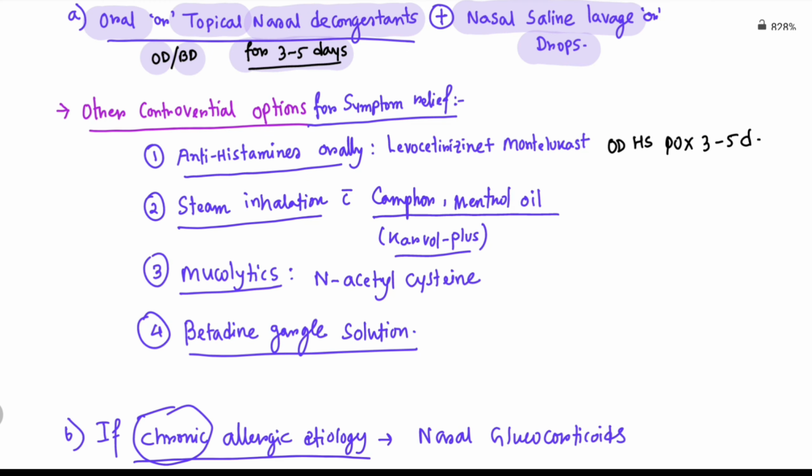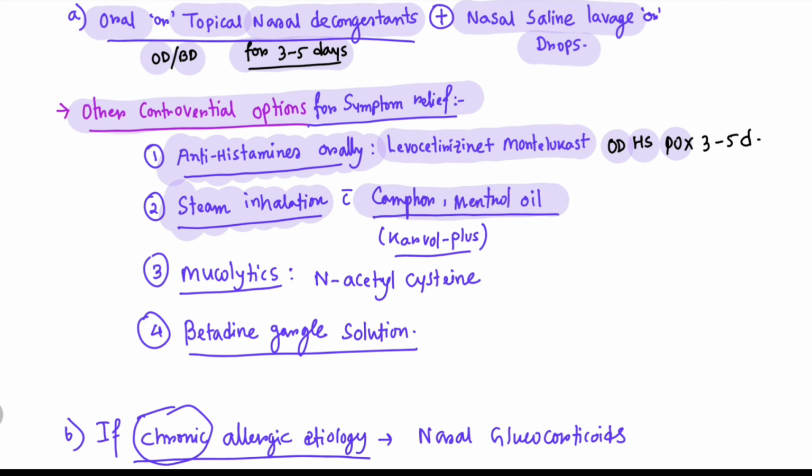Other options for symptomatic relief are antihistamines, which can be given orally in case of suspected acute allergic rhinitis, preferably levocetirizine with montelukast. It can be given OD at bedtime perorally. You can advise steam inhalation with camphor or menthol oil.